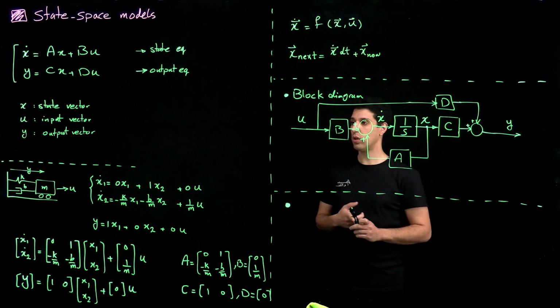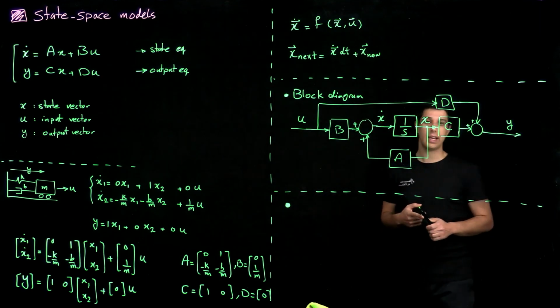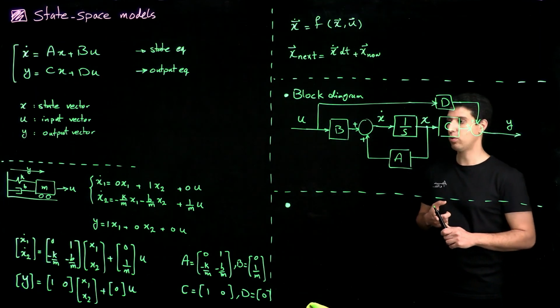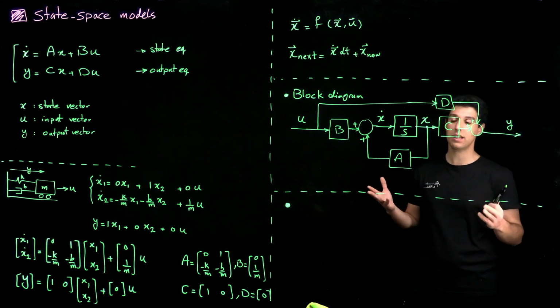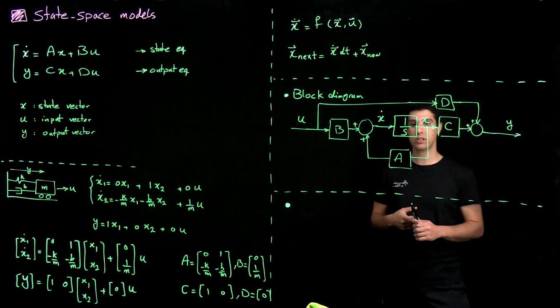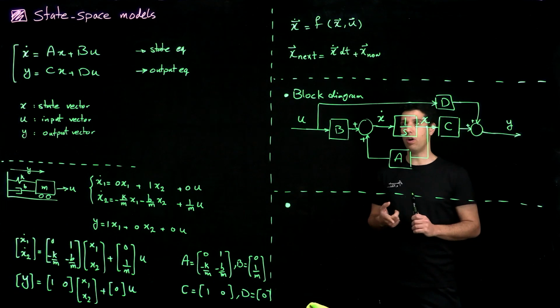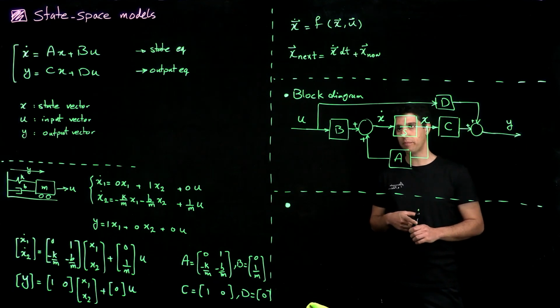First of all, this choice, as we will see in more detail later, is not unique. You can have an infinitely possible combinations of variables, and they are all equally valid.